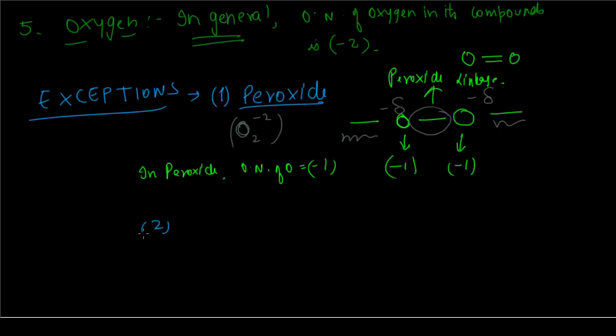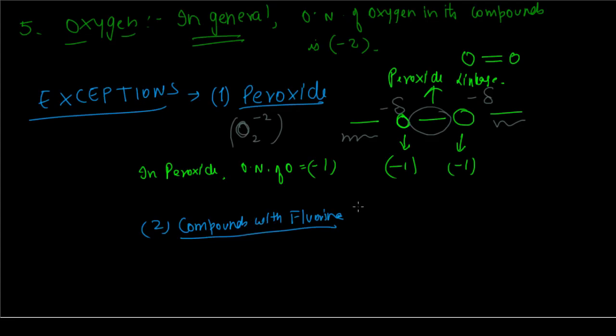The second exception is compounds with fluorine. Now you know fluorine is the most electronegative element of the periodic table, right? Is it more electronegative than oxygen? Yes, it is more electronegative than oxygen.